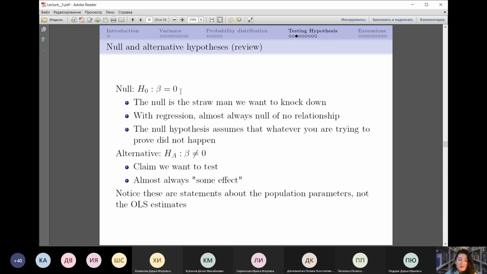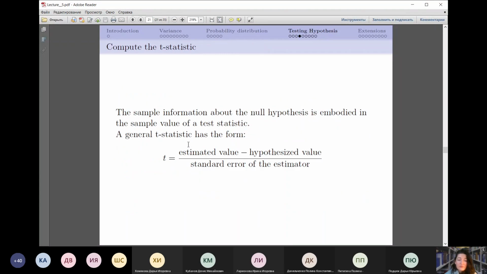Hypothesis value means, for example, 0, if you check whether your coefficient equals 0 or not. And also, you need to divide this by the standard error of the estimate. So this is the standard formula of the t-statistic.